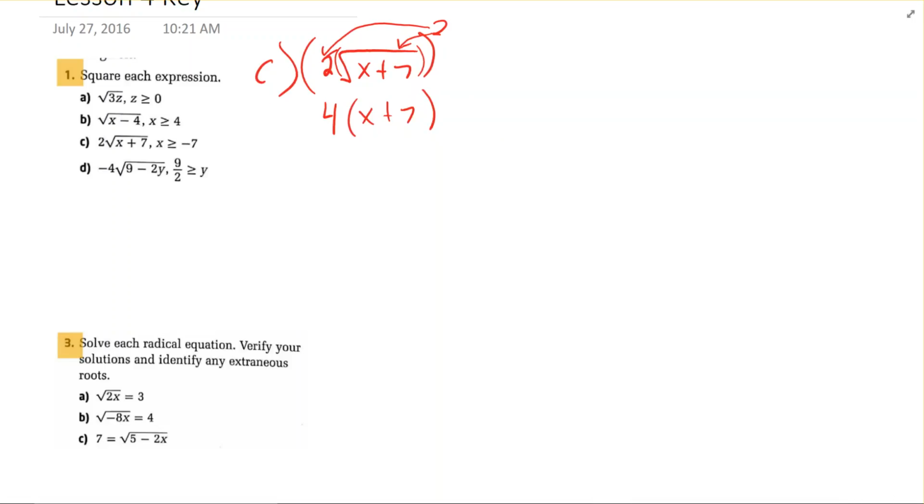Let's do D. So D, if we start out with negative 4 times square root of 9 minus 2y, and then this part's just saying y has to be less than or equal to 9 over 2 to make this thing positive under the square root.